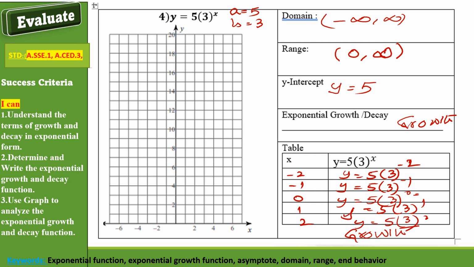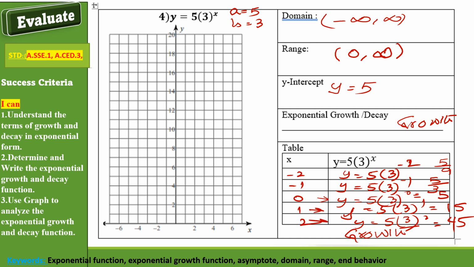So 5 times 3 to the power of 0 gives us 5. This will give us 5 over 9. This will give us 5 over 3. And here 5 times 3 is 15, and 5 times 9 is 45.